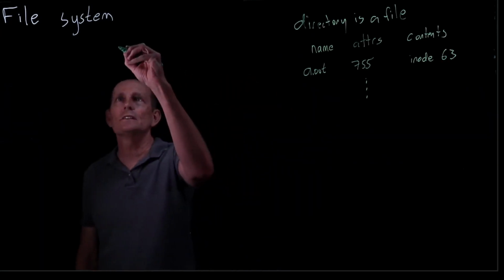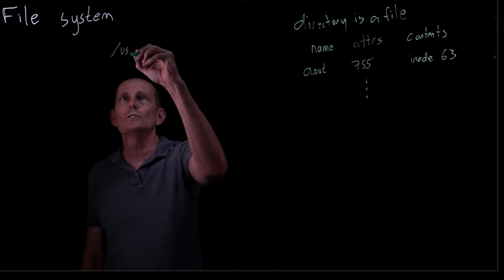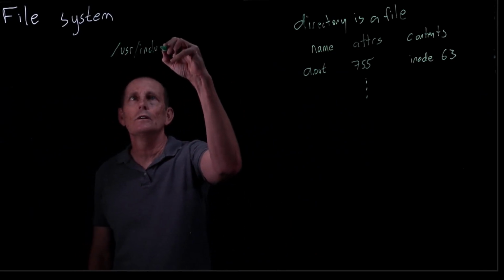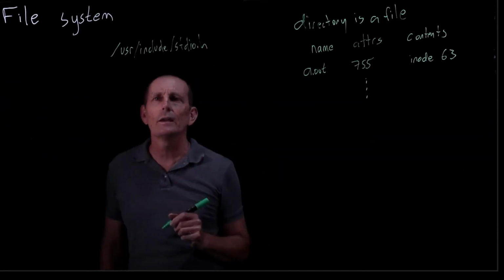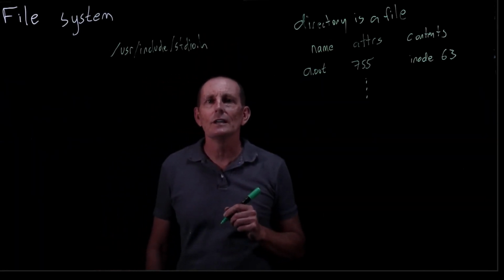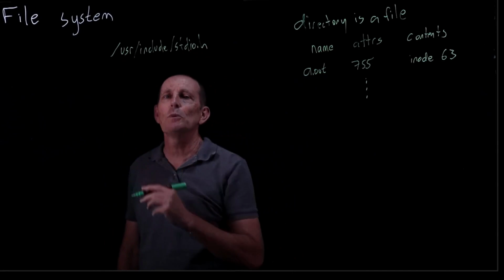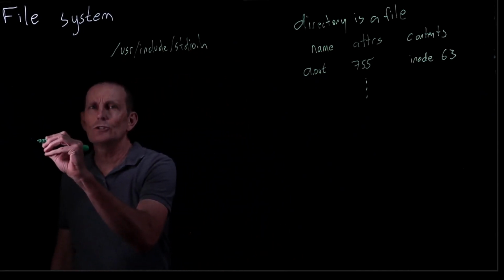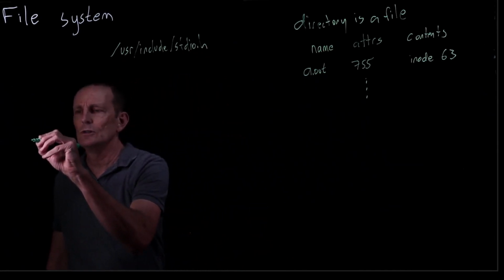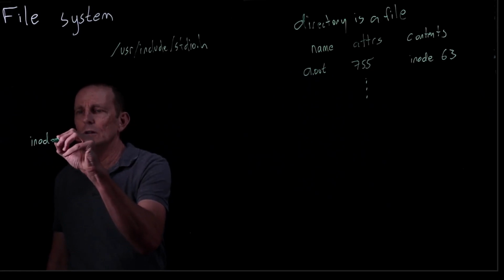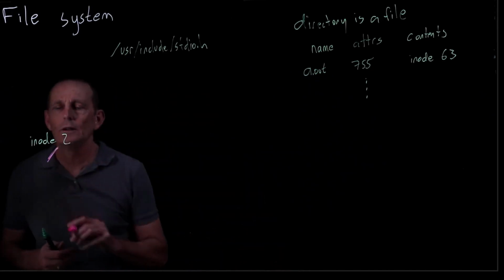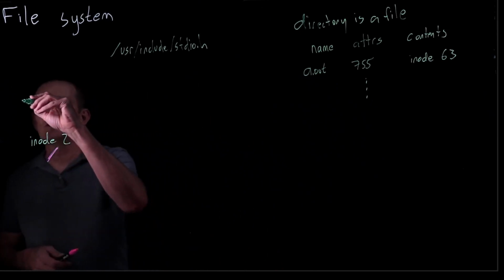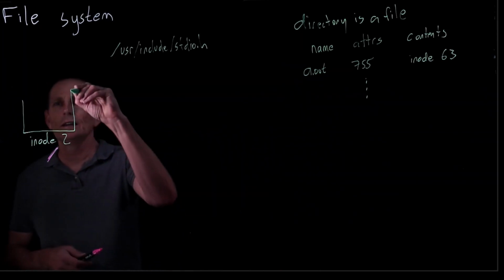So let's look at what happens if we try to access, for instance, /usr/include/stdio.h. Well, the first thing to know is that root has a special inode. So inode 2 is the root inode. That's the inode for slash. So what's the inode look like?